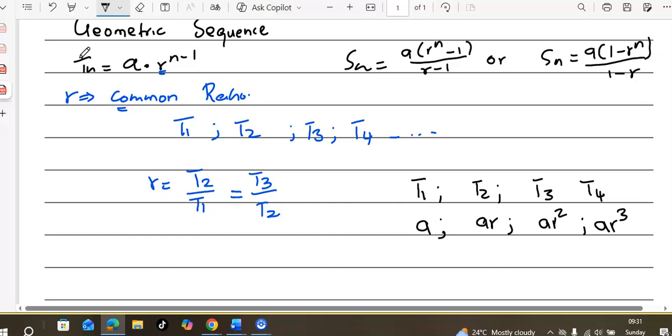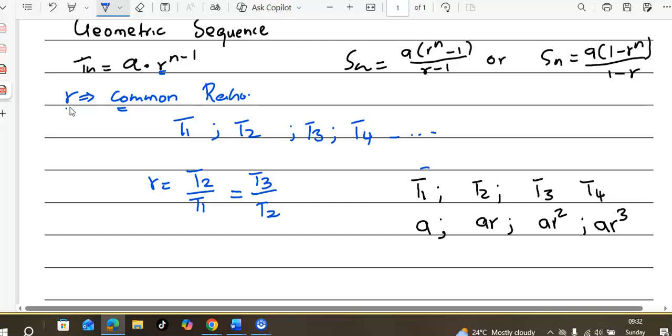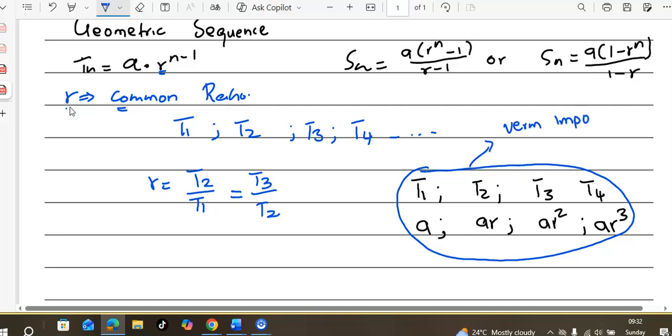So now, this is the pattern. You're going to see how you are going to use this. Let's leave a note here and say this is very important. Okay? Yes, sir. Because you're going to use it in most of the cases in simultaneous equations. Yes, you'll see. We're going to have simultaneous equations in geometry.